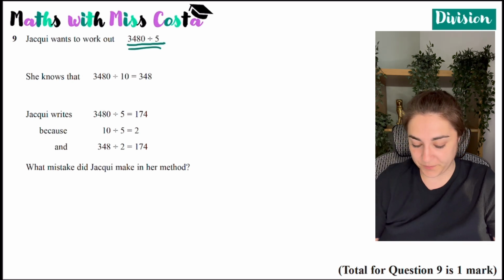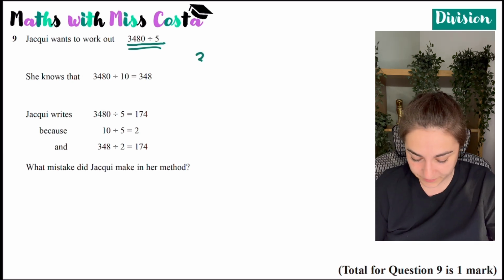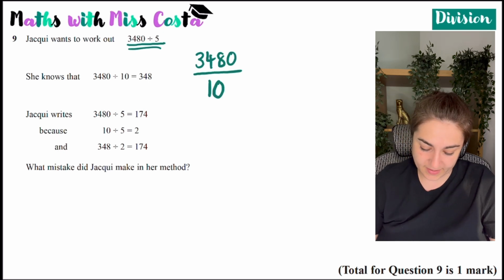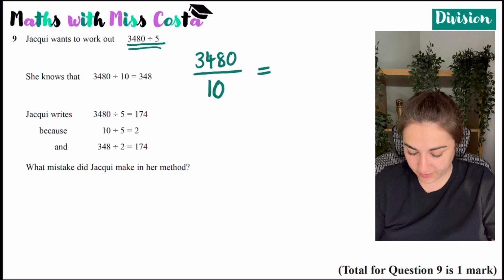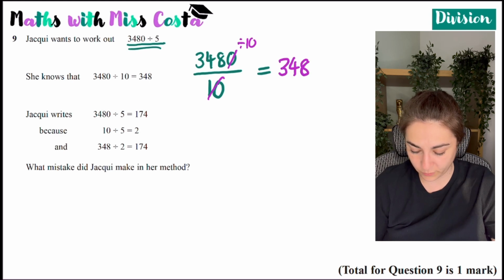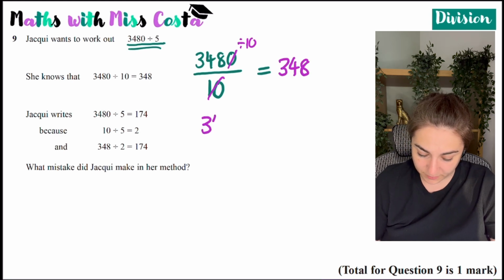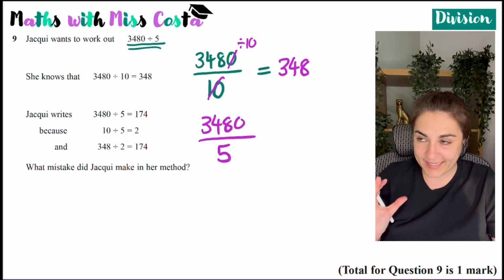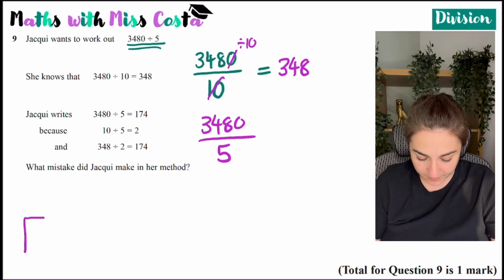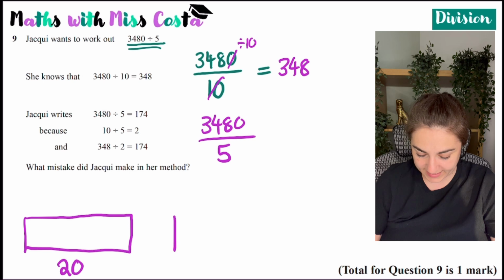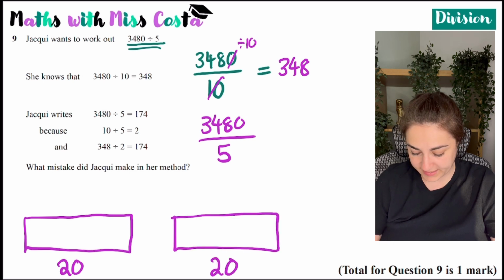Okay, so when you're dividing 3,480 divided by 10, yes, that becomes 348 because you can divide the numerator by 10 and the denominator by 10, so you're just left with 348. But if you were to divide by 5, if we take it back to a simpler number, so if we did 20, like a length of 20 divided by 10 and then a length of 20 divided by 5.